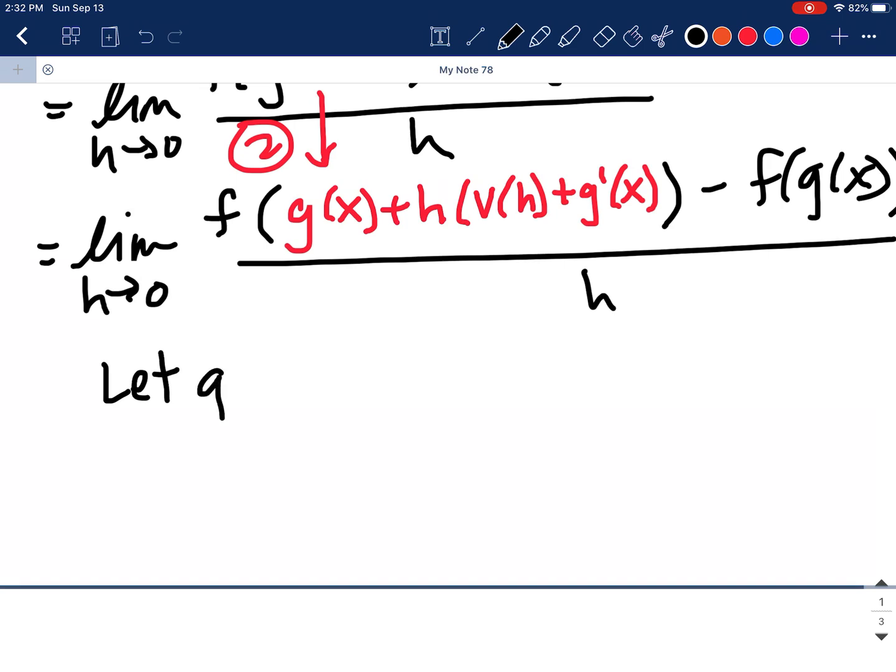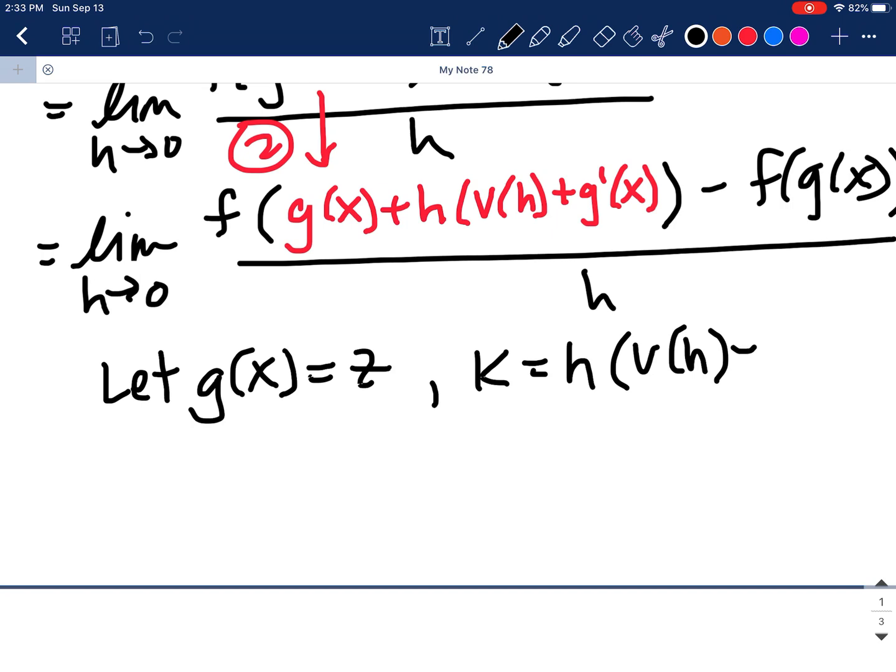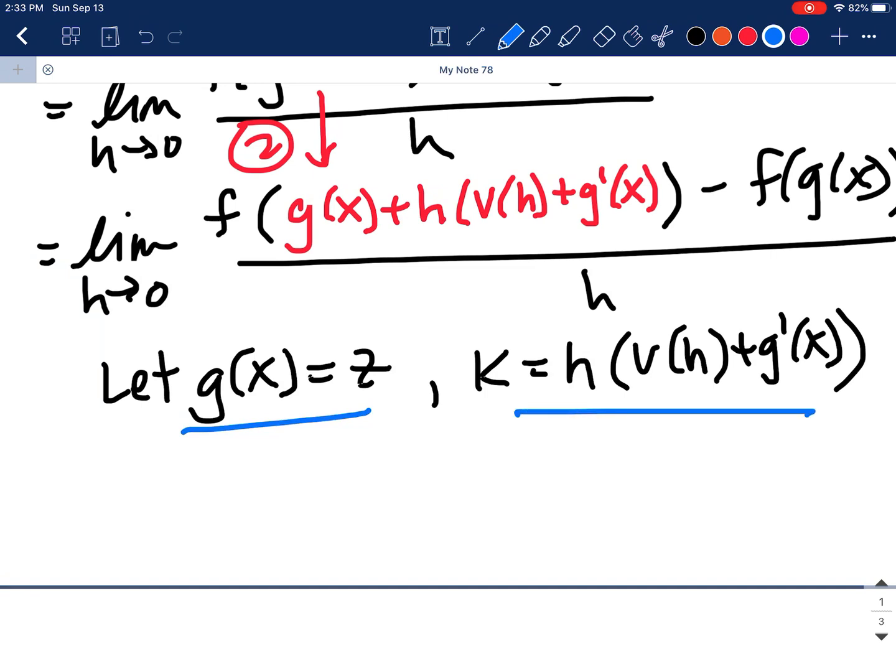We're going to let g of x equal z. So g of x is just going to be some value z, some variable quantity z. And then we're going to let k equal h times v of h plus g prime of x. So we're going to make this convenient substitution that's going to allow us to get something really, really nice.